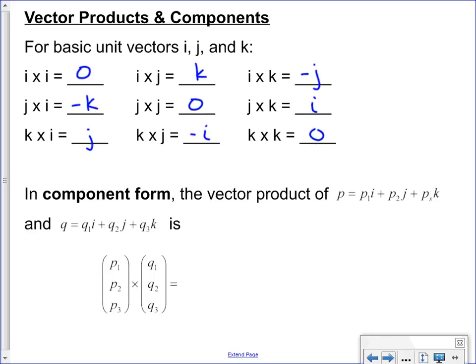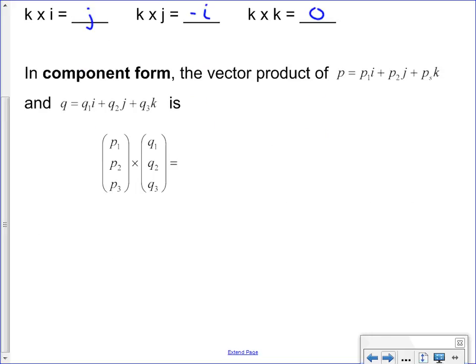Okay, so if you take those as your component forms with two vectors p and q, what would happen is, the ticker light comes, we'll take a break. All right, this is the long drawn-out version that I'm pretty sure is in your formula sheet, but if it's not, it's okay because it's just a bunch of i, j, k.